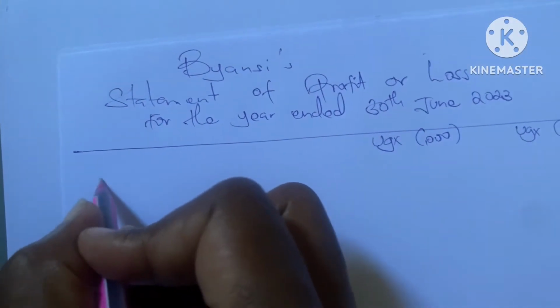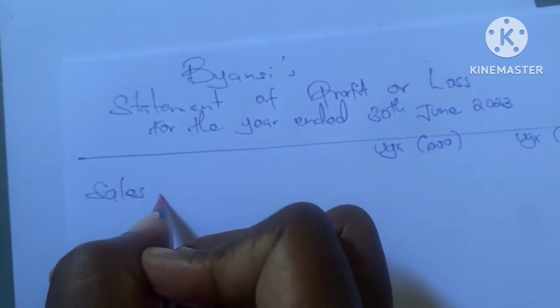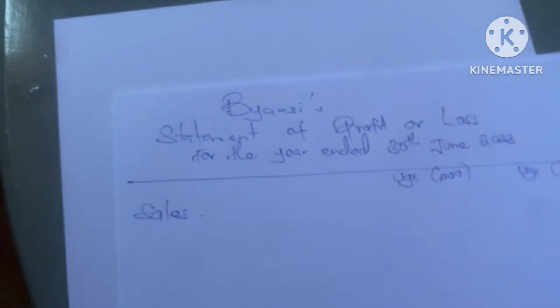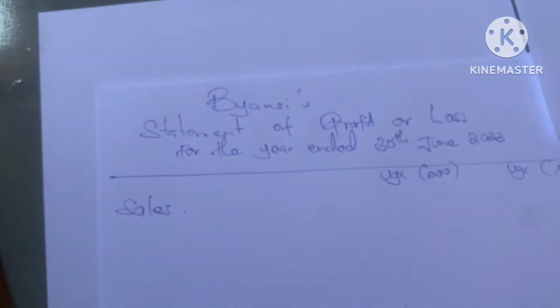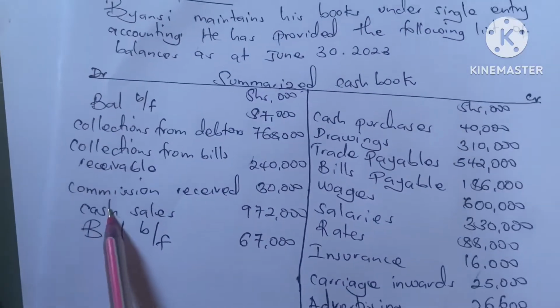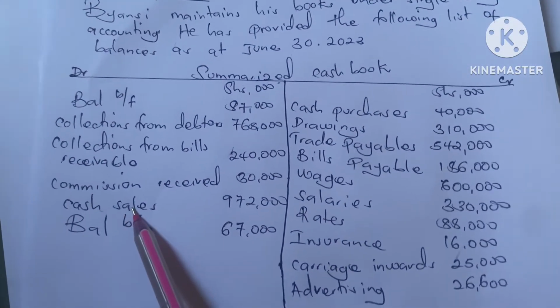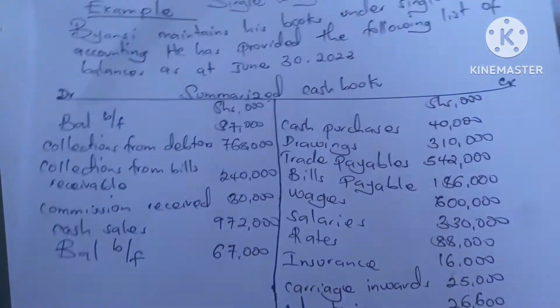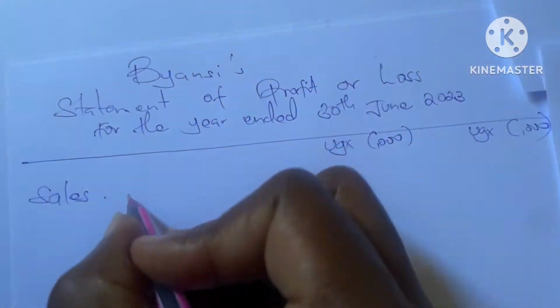So we start with sales. Look at our question. They've given us here cash sales in the cash book. They are these ones. So we have the cash sales.